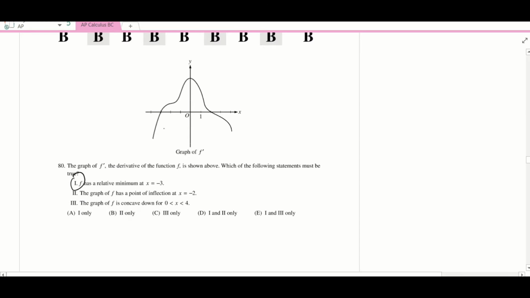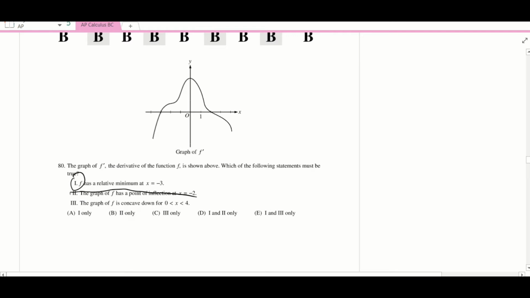Because it's always going up. Before this point, it's going up, and after it, it's still going up. So it's not a point of inflection because it's always concave up. Sorry, I don't know what happened there. So number two is also wrong.